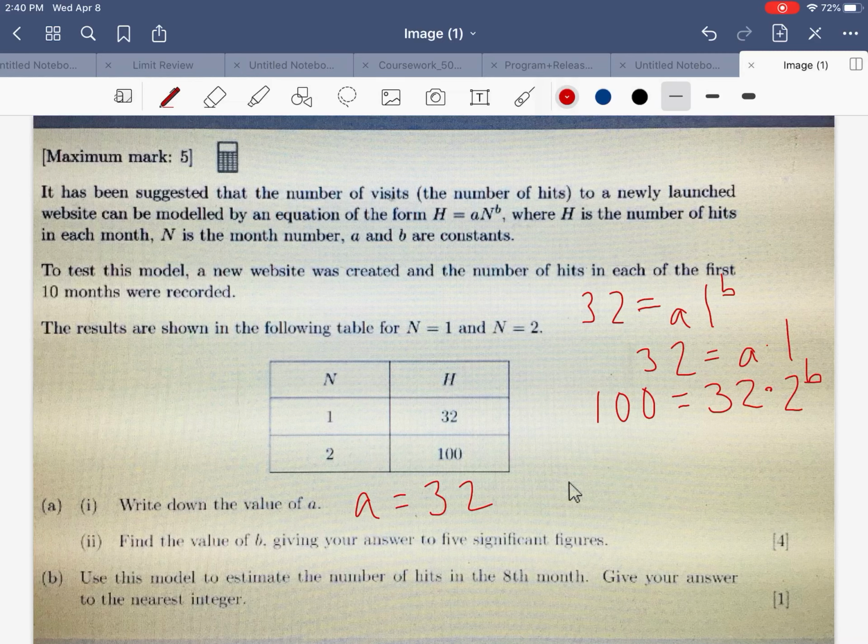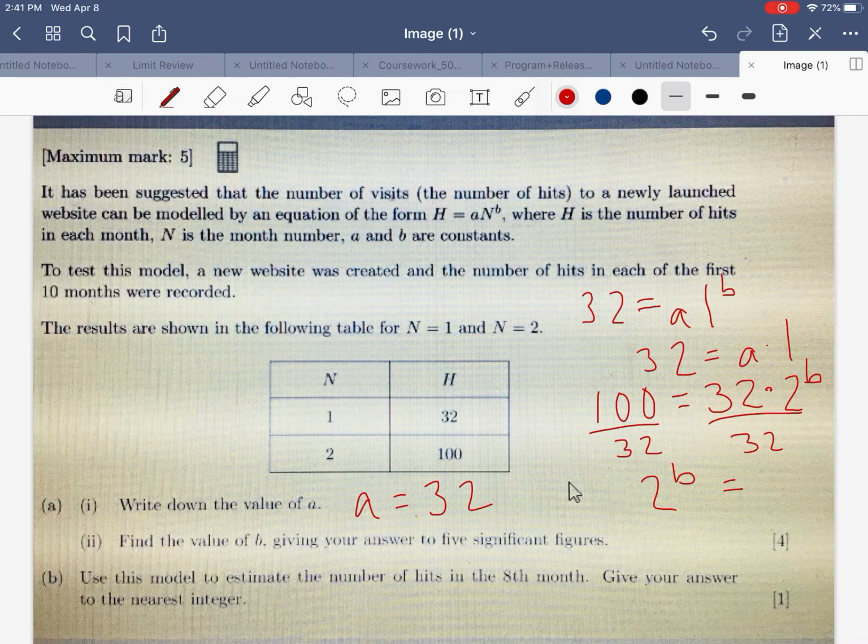So first thing would be to divide by 32. Then you have 2 to the power of b is equal to 100 over 32.